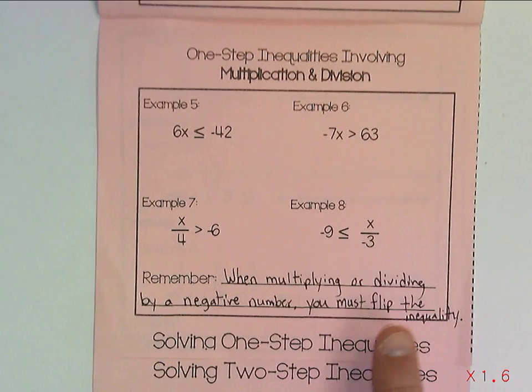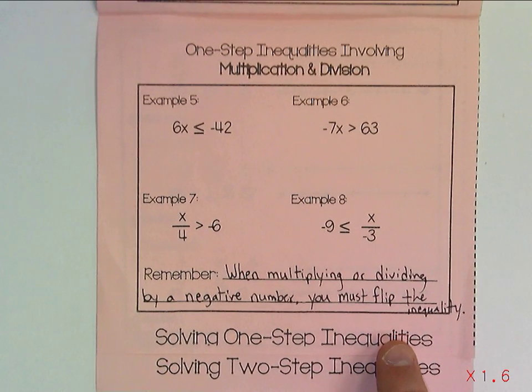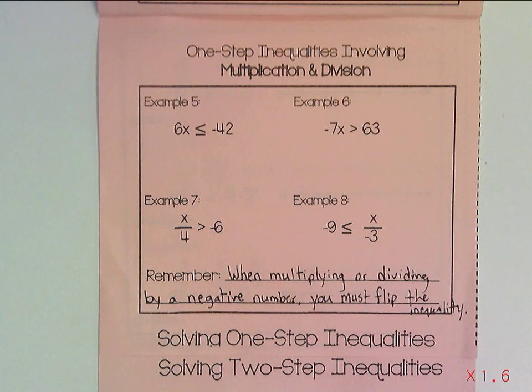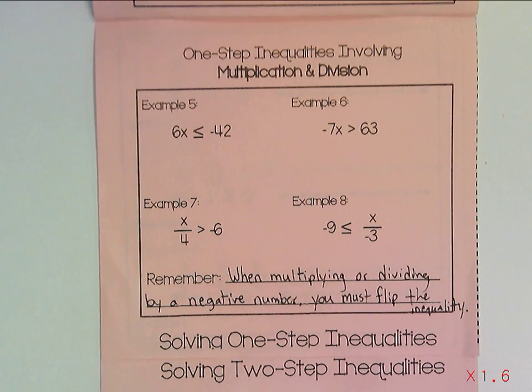That's a big rule that you need to remember, because if you don't, then you won't have a true inequality statement. And I'll show you what I mean by this rule here with a couple examples that we'll go through.